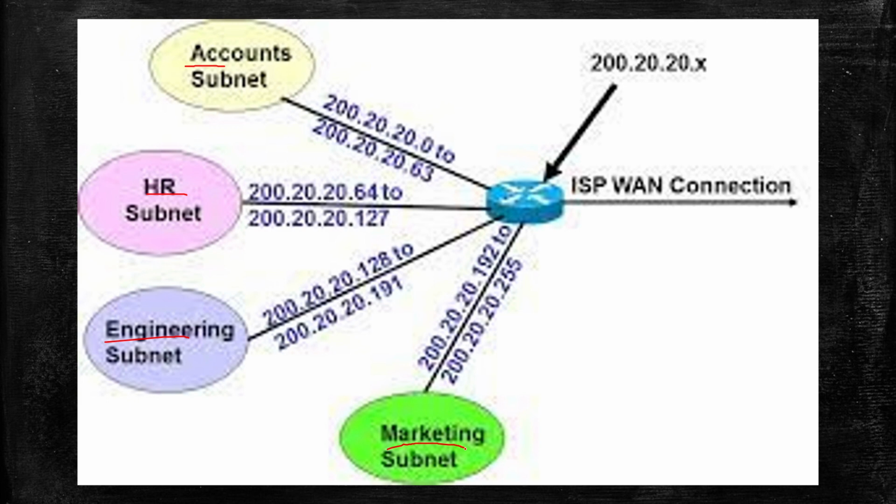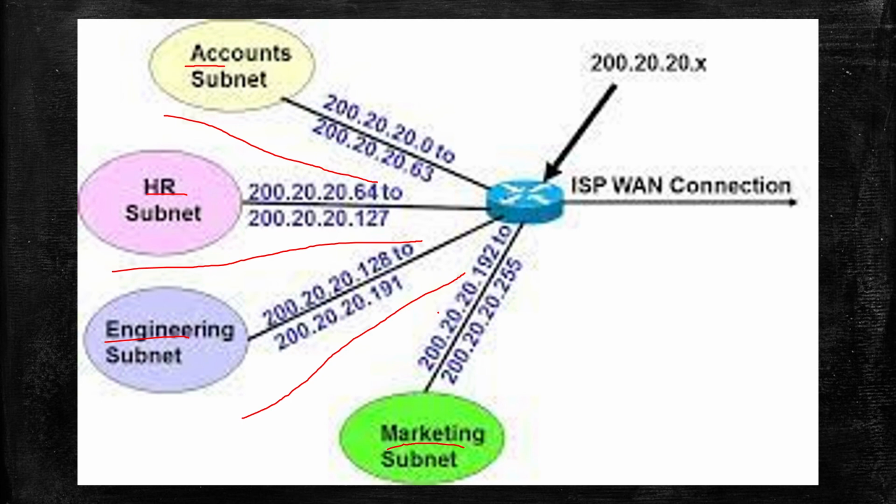So I make mistakes. That's why I divide the whole network into sub networks: the account department, the engineering department, and the marketing department. It makes it easy to understand all the work of my company. That is why we use subnets.